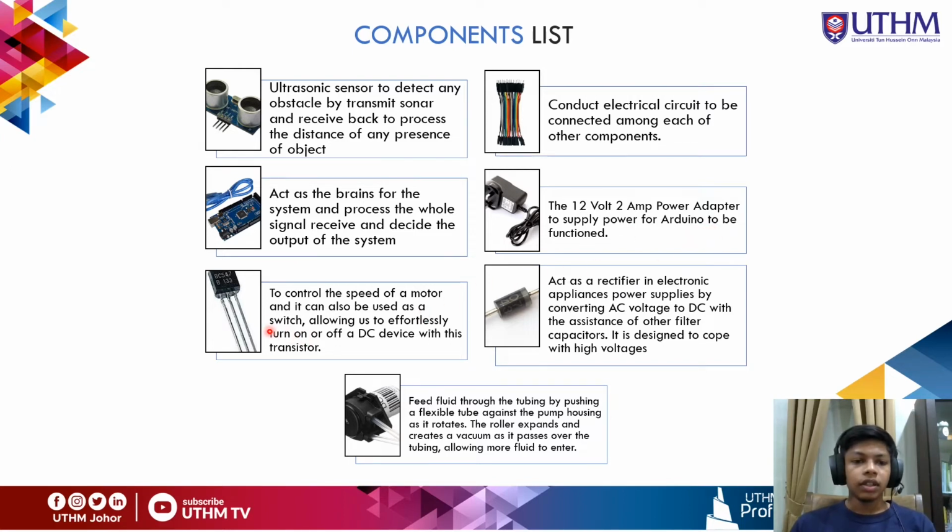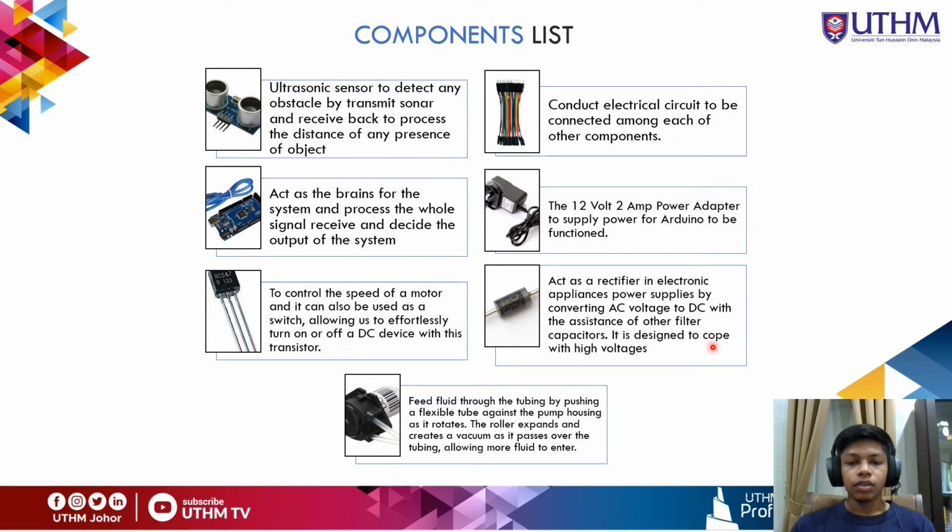The next component is the transistor, to control the speed of a motor, and it can also be used as a switch, allowing us to effortlessly turn a DC device on or off. Next, the diode acts as a rectifier in electronic appliance power supplies by converting AC voltage to DC with the assistance of filter capacitors.